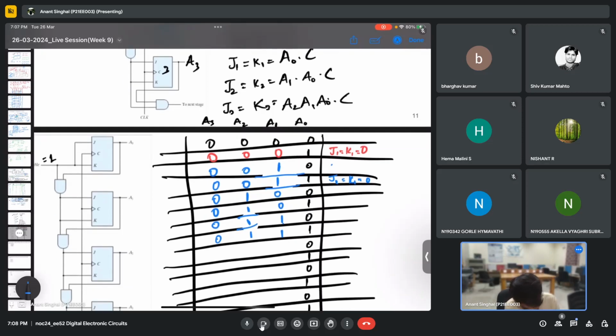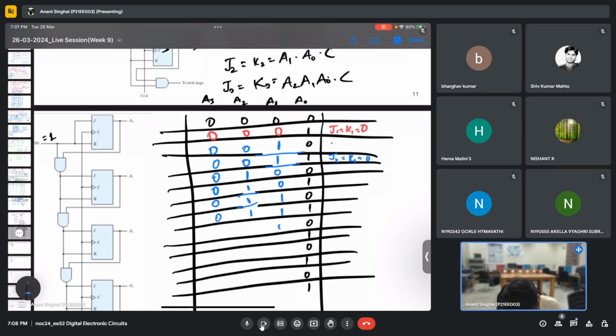I hope I'm doing it correctly. 1, this will toggle, 1, this will toggle, 1, this will toggle. 0, no, no, no. Then 1, this will toggle. No, no. 0, this will remain the same. 1, 0, 1, 1.